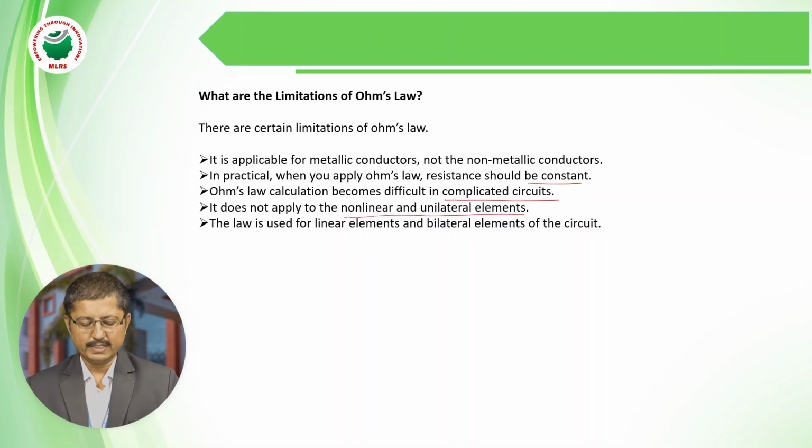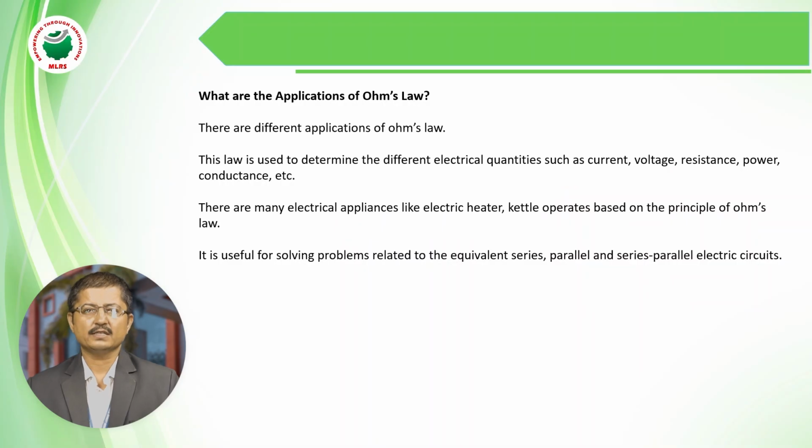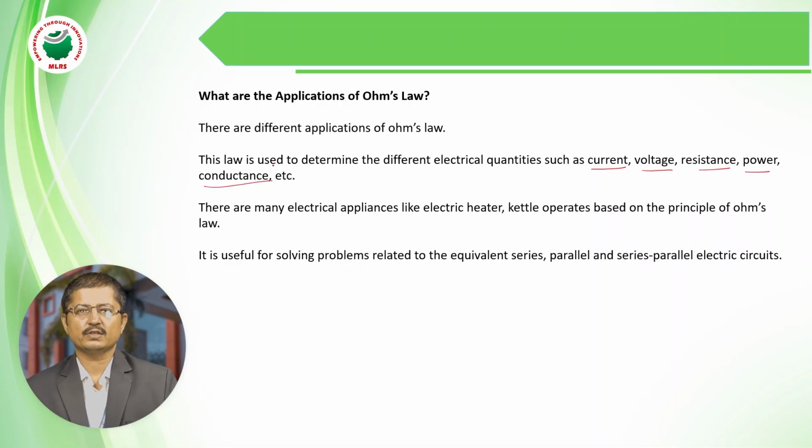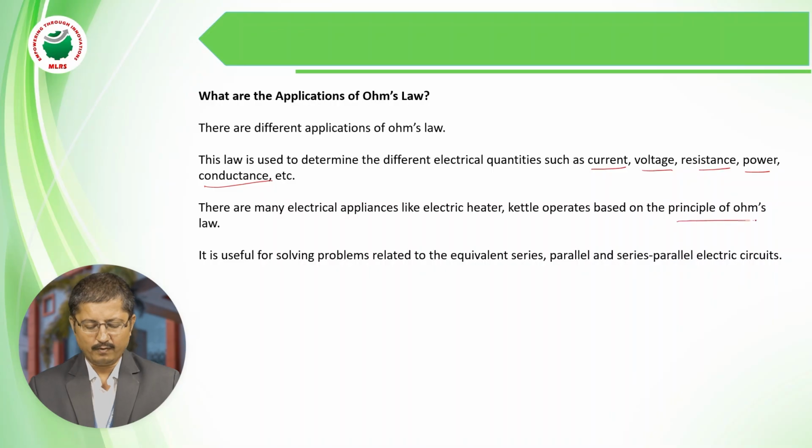Next, we will see the applications of Ohm's law, where we can use it. There are different applications. This law is used to determine different electrical quantities such as current, voltage, resistance, power, conductance, etc. There are many electrical appliances like the electric heater and kettle that operate based on the principle of Ohm's law.